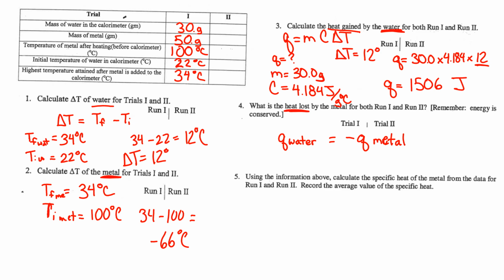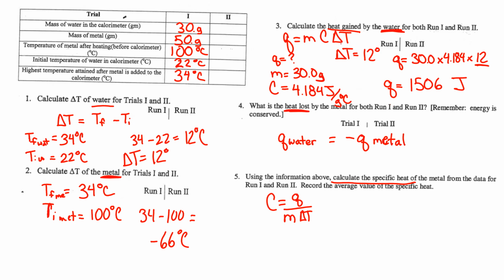So going there, now for number 5, it says using the information, calculate the specific heat. So we're going back to this equation, and instead of calculating for Q, I'm calculating for C this time. So I'm going to be using Q over M delta T. So this is my Q of water.